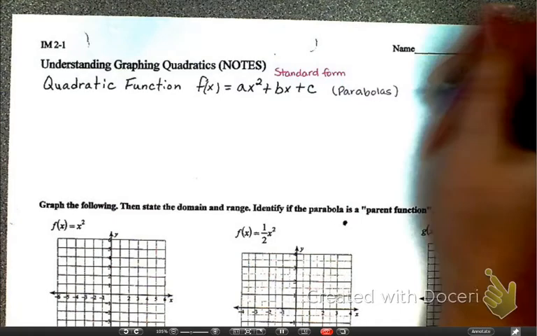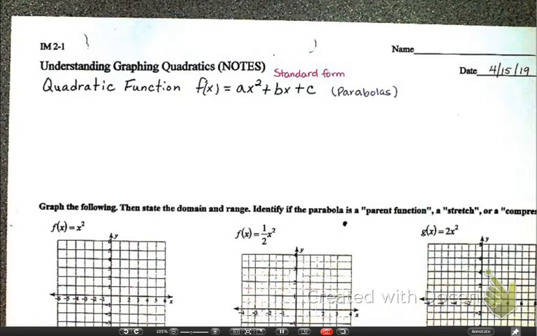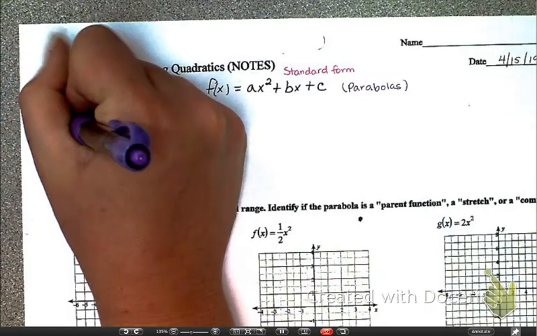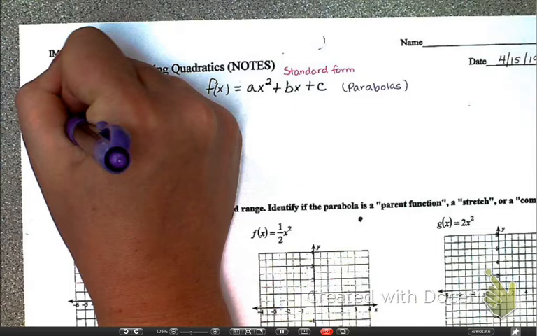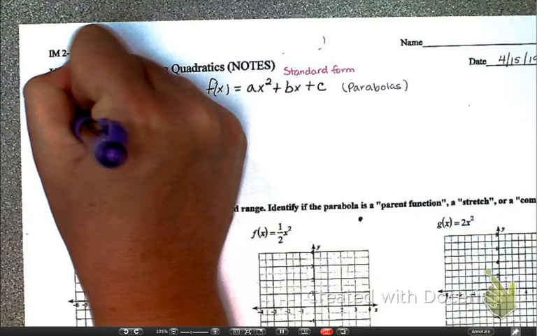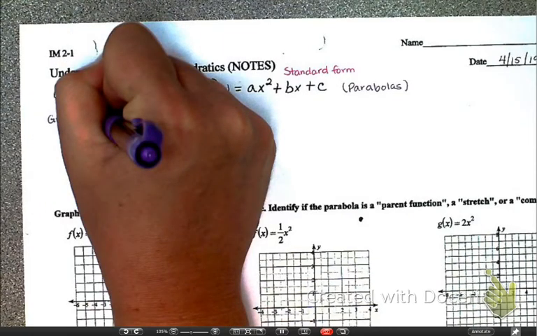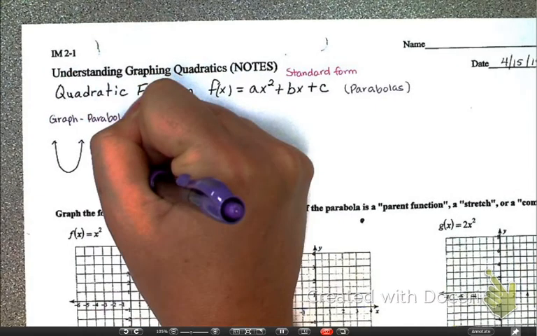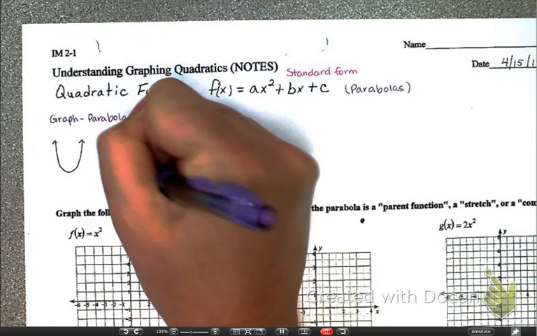So our graphs are going to be parabolas, and they're going to look like U's. So you're going to have one that potentially looks like this, that faces up. And you're going to have one like we saw in the Desmos activity that potentially faces down. Okay, it can go in either direction.